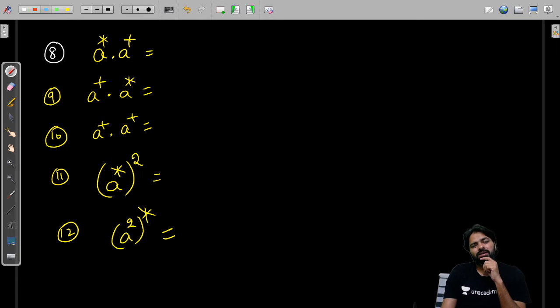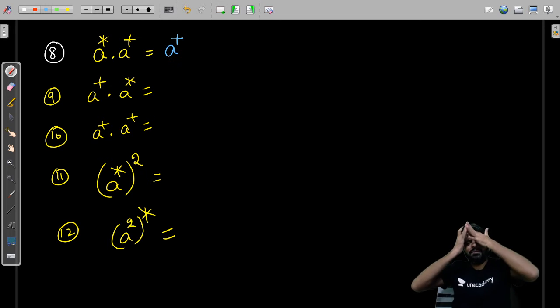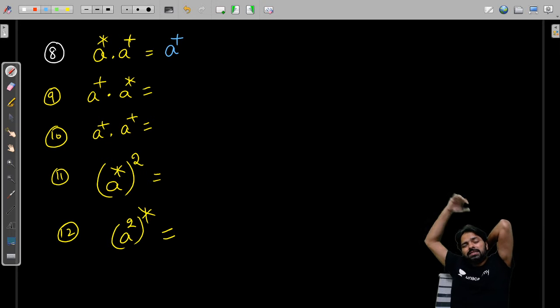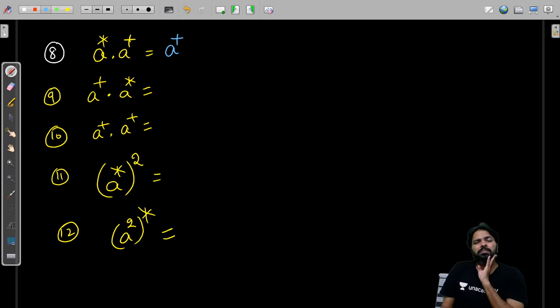First one. A star means anything can be inside, epsilon also, so A plus will come out. Because epsilon is the left operand of the concatenation, the whole result is dominated by A plus. Epsilon is not in both: A star has epsilon, but A plus does not, so the result is not going to have epsilon. And A is also the same. This is going to be length 2, guys. Two A's compulsory.